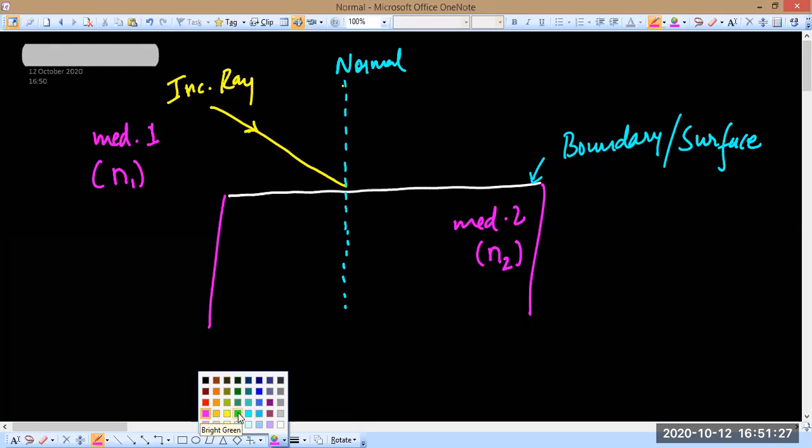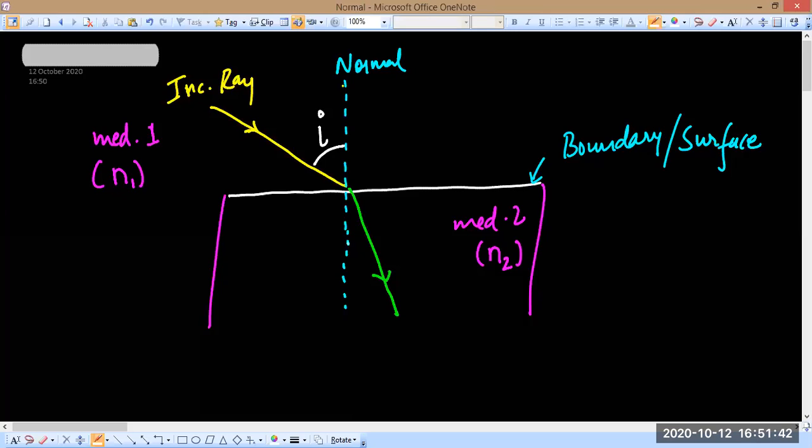Then the refracted light. There is no color change. I'm only showing it, don't say later that sir said yellow becomes green. This is angle of incidence i, this is angle of refraction r, right?